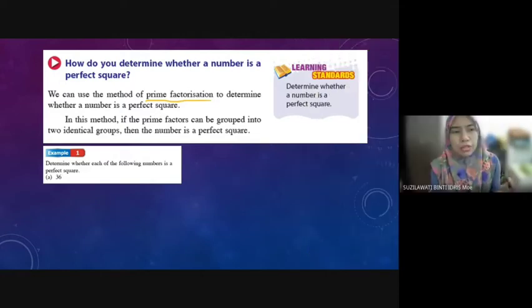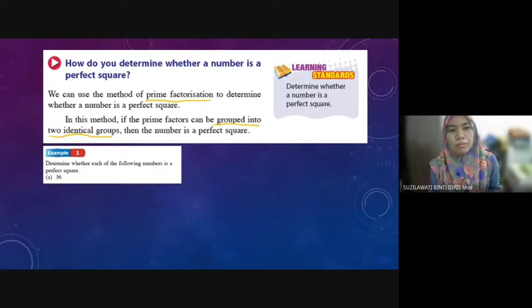If a question gives you a number and you need to determine whether it is a perfect square or not, you use the prime factorization method.